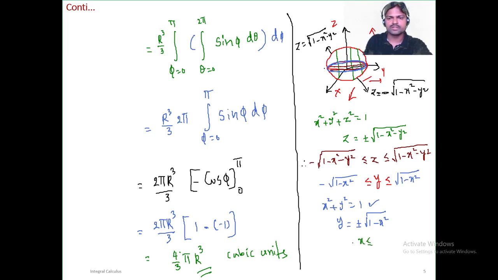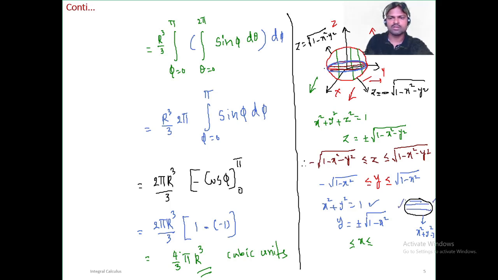So x varies. Let us take the bottom of the sphere. It is a circle, right? So this equation is x square plus y square is equal to 1. For this region we need to find x and y limits. As x varies horizontally, y varies horizontally from the graph, and we have already considered this one. So y varies in this direction, starting from this curve and ending at this curve.